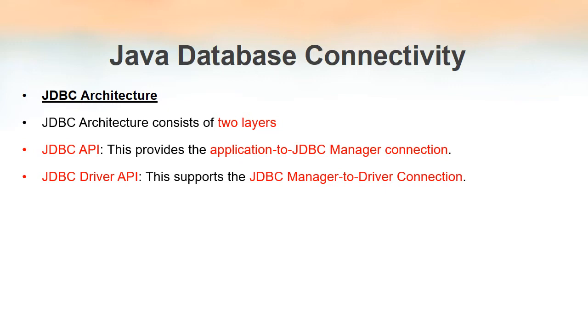The JDBC manager is the one which selects the apt driver that we have to use to connect with the database. We have different databases available right now. When our program tries to access a particular database, the driver of that particular database has to be used. For each database, there is its own driver.